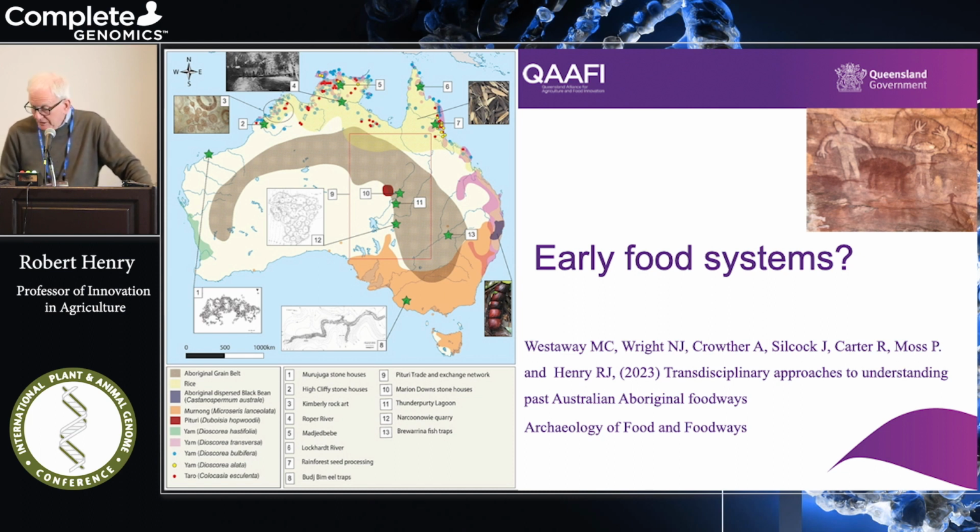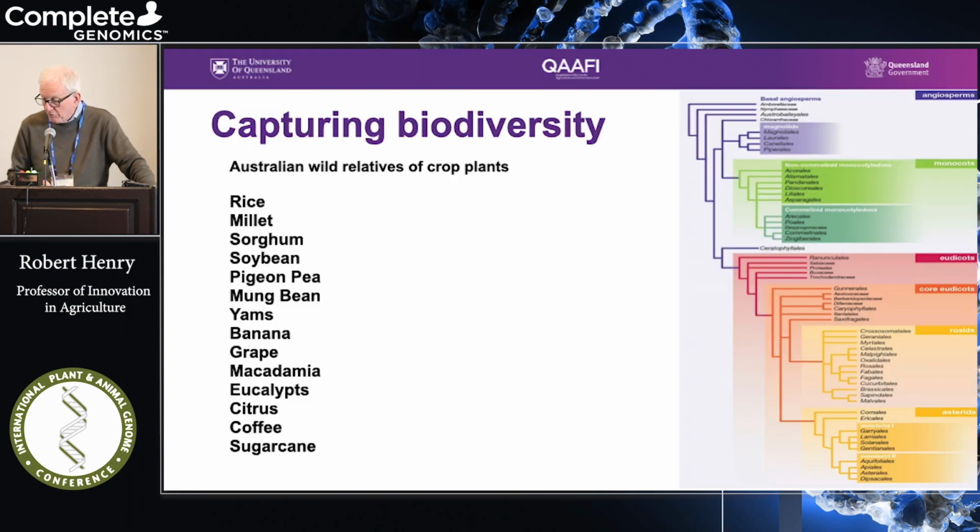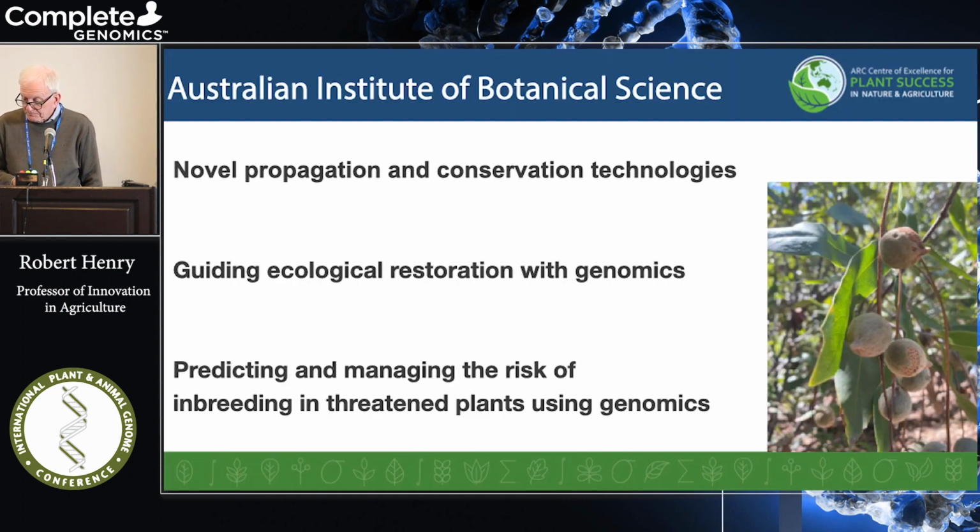Sequencing's giving us the ability to discover a lot of the things from the past that are so important. So we're about capturing biodiversity in what's now quite a long list of crop wild relatives. We've got about 10% of the diversity of plants in the world in the Australian flora, and we're working through it, trying to mine all those crop relatives.